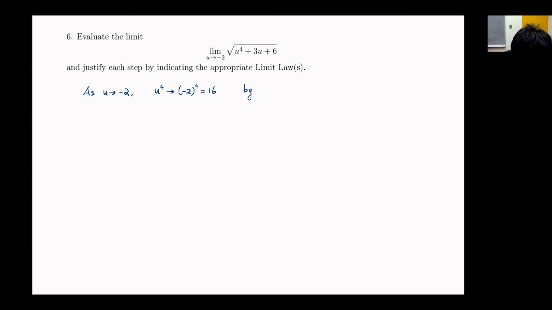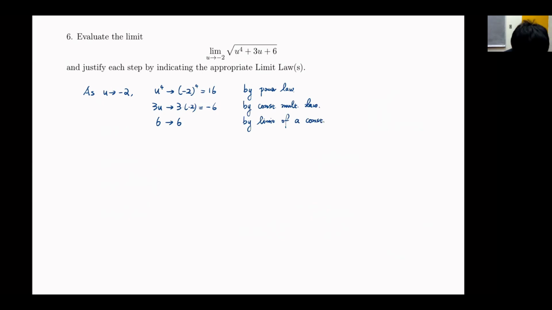This is by power law. And then 3 times u is approaching 3 times minus 2, and the answer will be minus 6. And this is by constant multiple law, actually. And finally, the constant 6 will approach 6, and this is by limit of a constant.